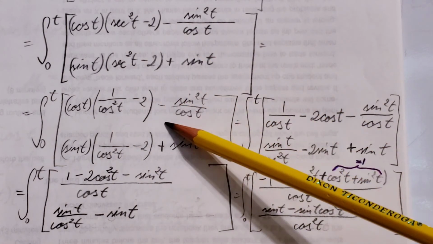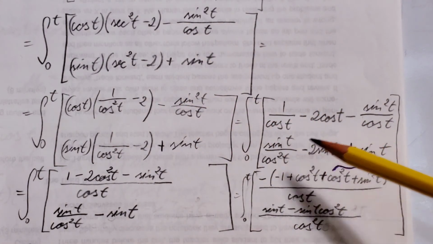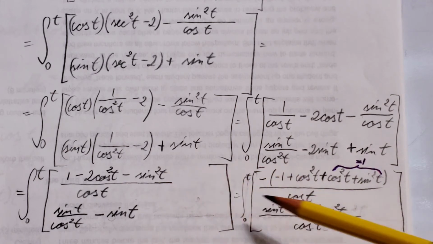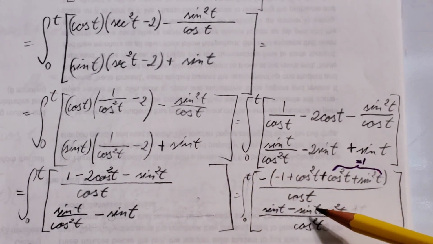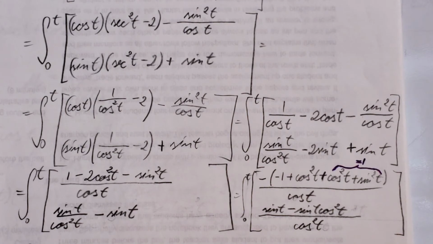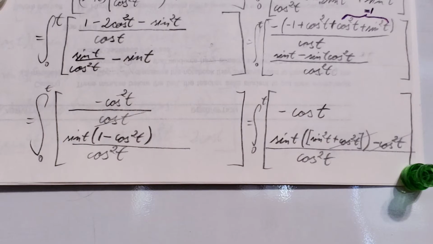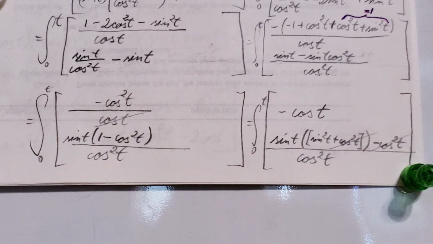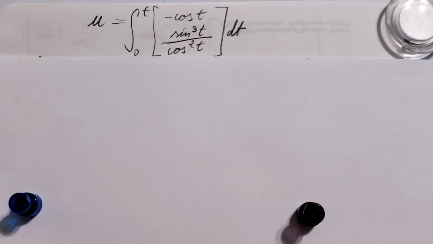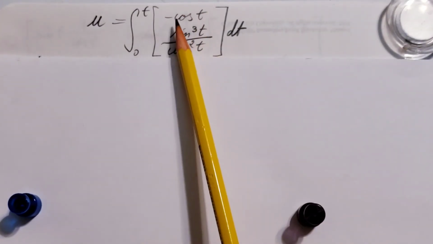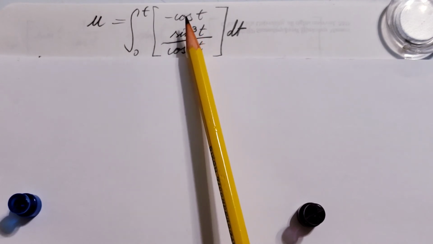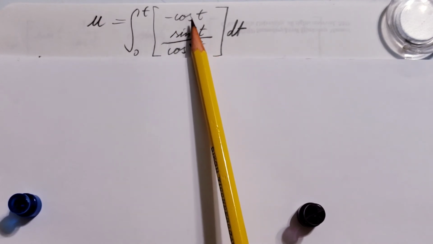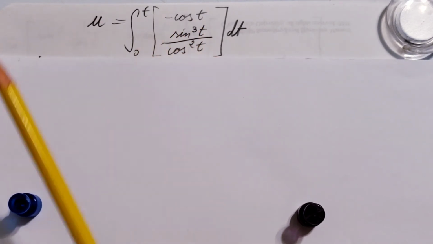From here to here to here, then here. There's a bunch of trigonometry-based simplifications. And here's some more. And after all that simplification, we arrive at this. Some terms that finally look friendly enough to be integrated.